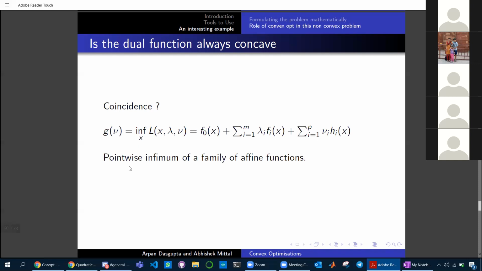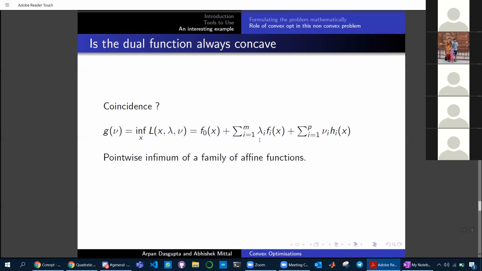And I notice that this is nothing but the pointwise infimum of a family of functions. I should have written g of lambda comma nu here. So I notice that this function only depends on the values of lambda and nu, and all the components of lambda and all the components of nu are affine functions.